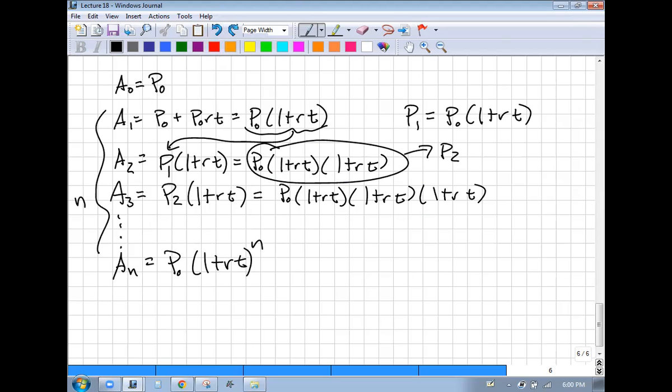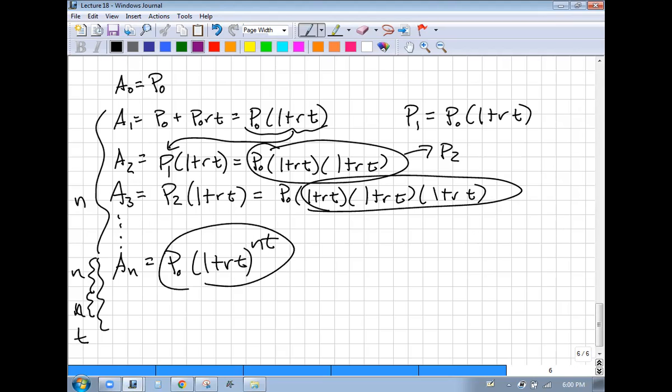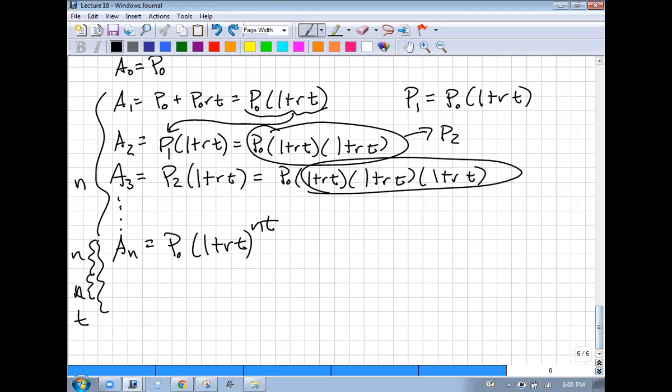And then if you keep going T years, each year you do this n times, n times, n times. So every year you get n more of these. That's why you end up multiplying that by T, because you do this n times in a year, and then n more times for the second year, and then n more times for the third year. And that's how you end up with this formula, okay?